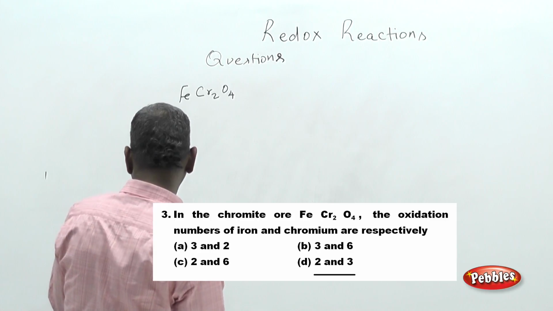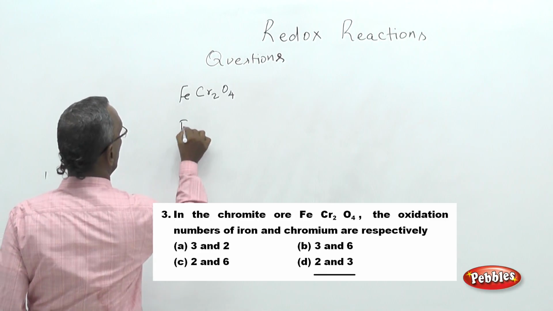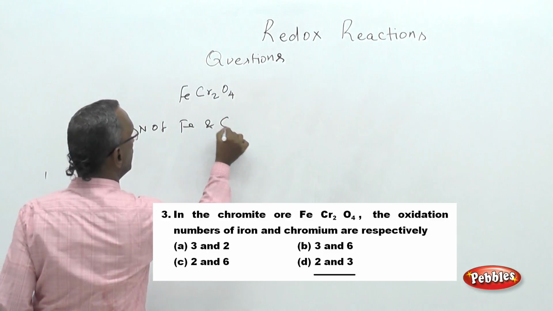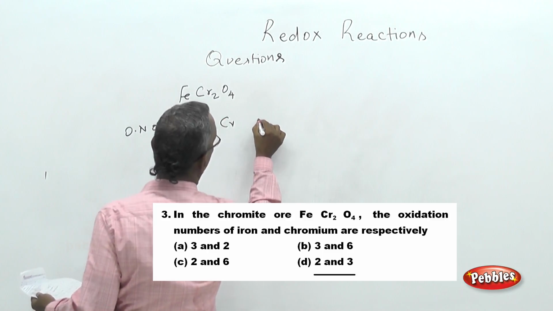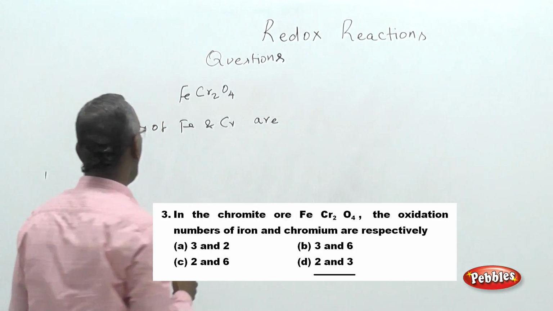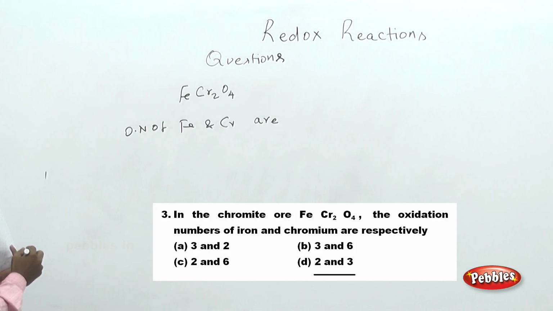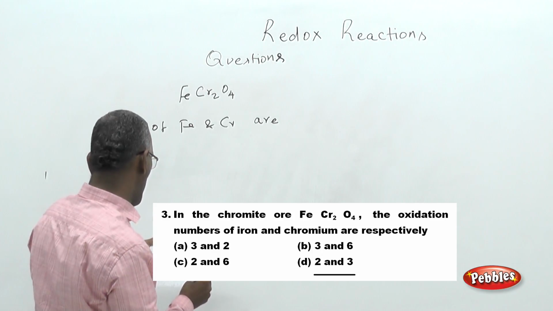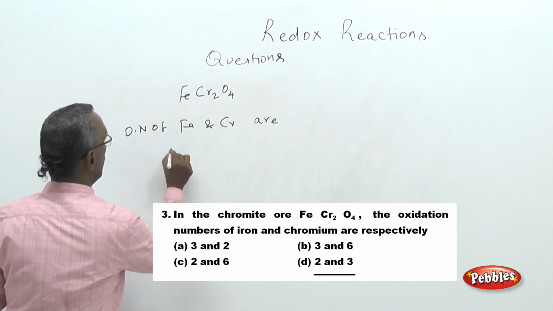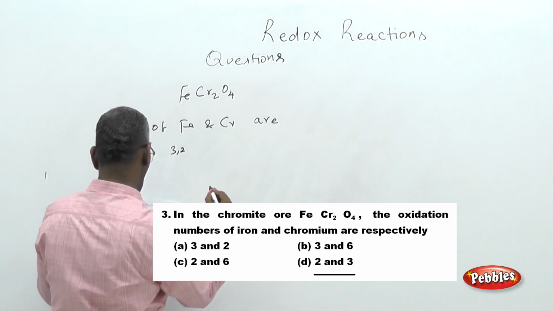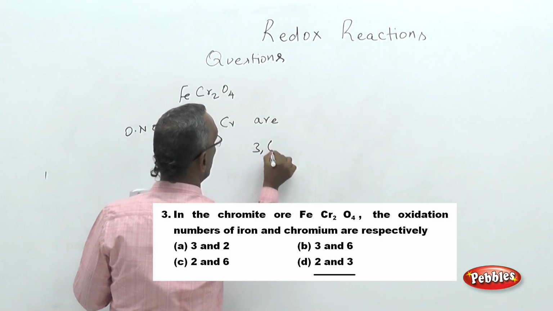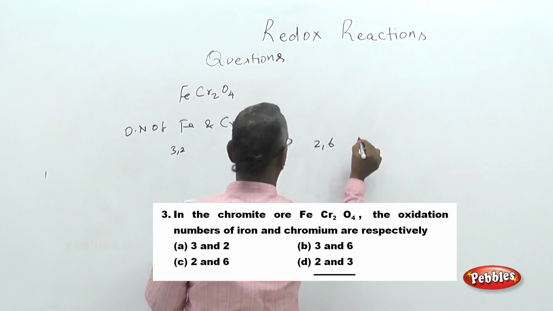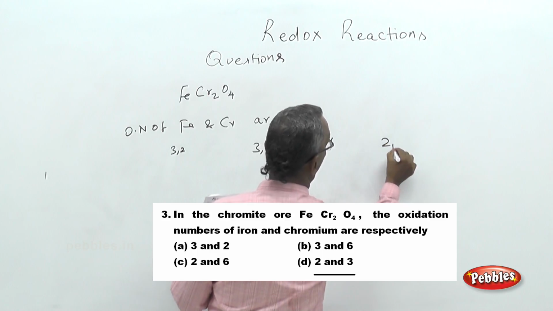The oxidation numbers of iron and chromium are respectively. The question is, in the chromite ore, the oxidation numbers of iron and chromium are respectively: there are 4 choices given: 3, 2; 3, 6; third choice 2, 6; fourth choice 2, 3.